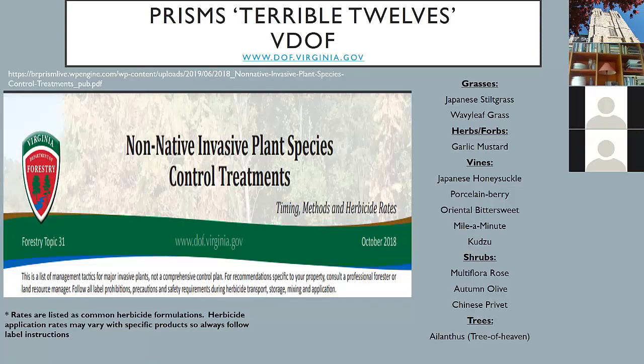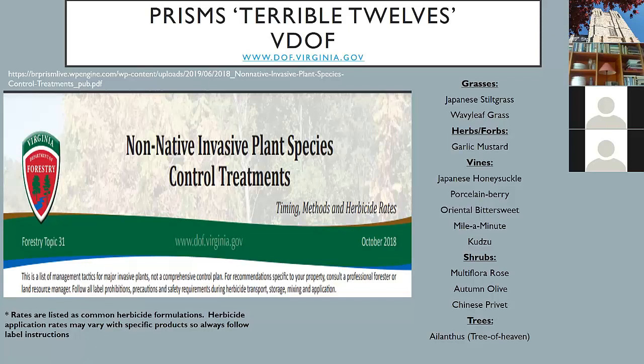So Blue Ridge PRISM collaborated with the Virginia Department of Forestry to develop an easy-to-use chart of best practices and recommended herbicides for the terrible 12 invasive plants. These herbicides are ones that have the least impact on the surrounding environment compared to other choices. In addition, the suggested control methods are the most benign approved by the U.S. Forest Service.